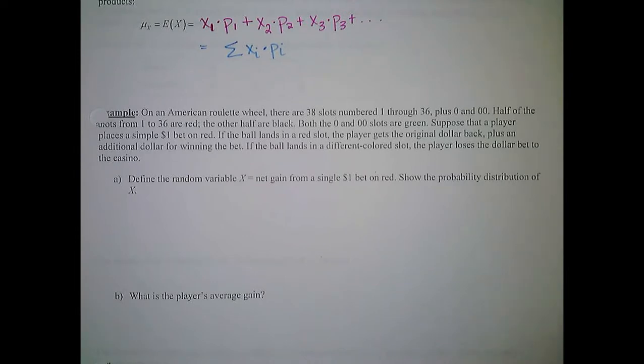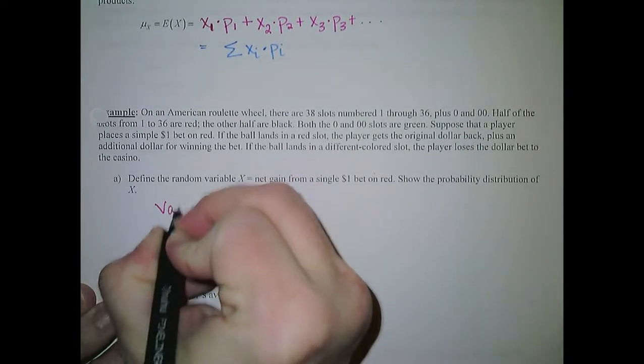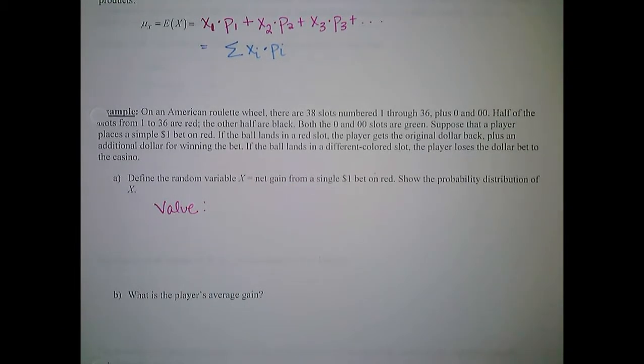So for part A, to find the probability distribution, what we need is to list all of the possible outcomes and their probabilities. So in this case, the value represents all of the outcomes of x, where x is the net gain from a single $1 bet. So when a player places a $1 bet, one of two things is going to happen.